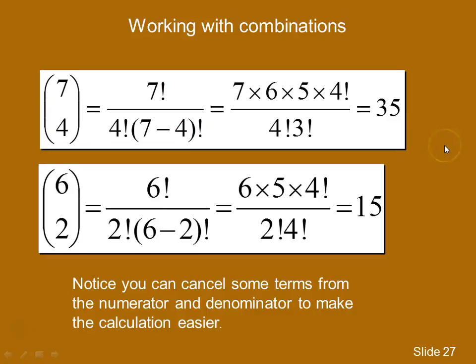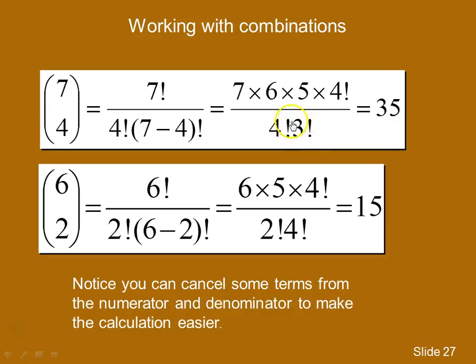Now you might remember you can always do some canceling with factorials. The numerator 7 factorial is 7 times 6 times 5 times 4 factorial, 4, 3, 2, 1. But this way I can cancel this 4 factorial with the 4 factorial in the denominator. You'll be left with 7 times 6 times 5. 3 factorial in the denominator is 3 times 2 times 1, or 6.